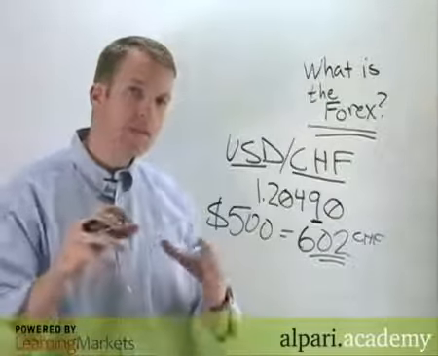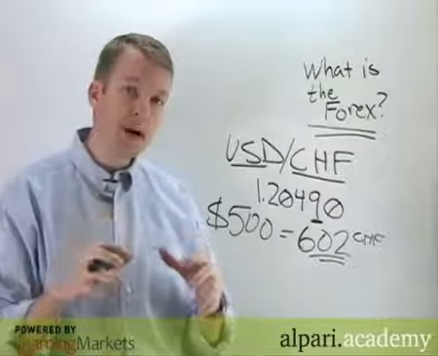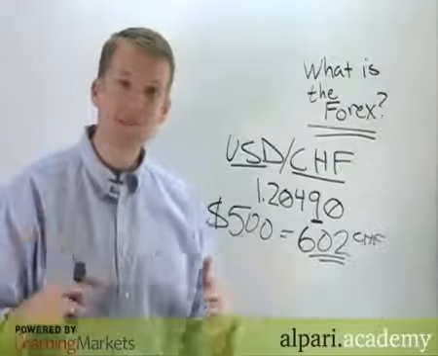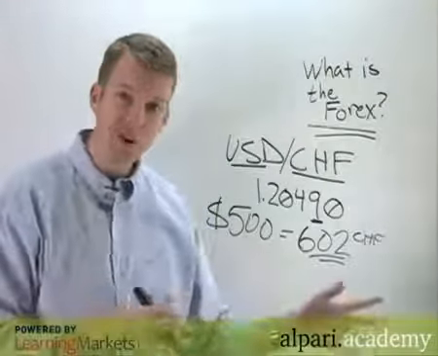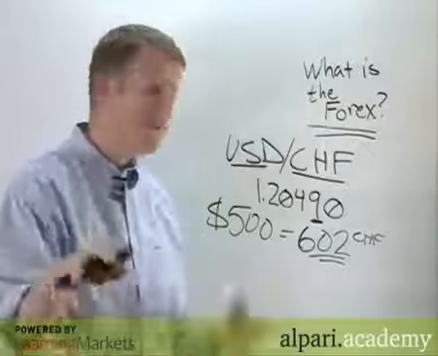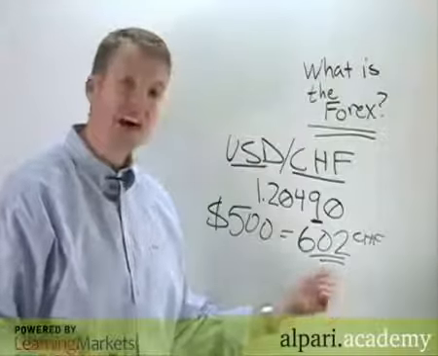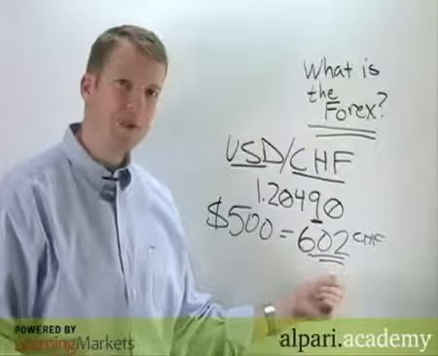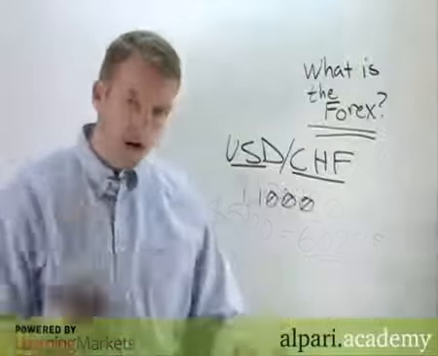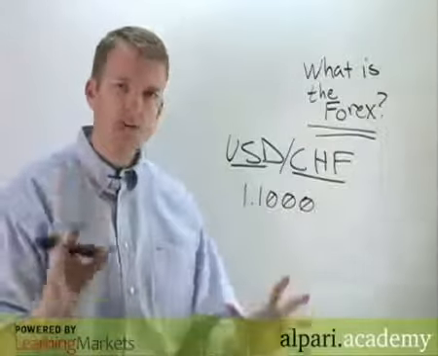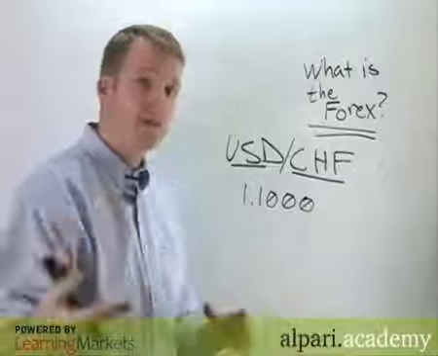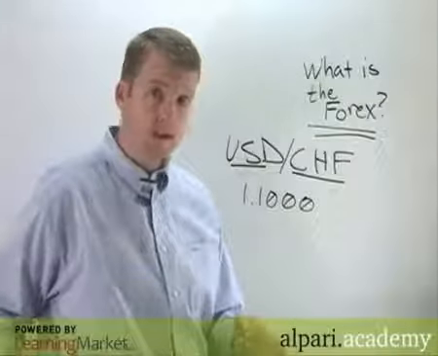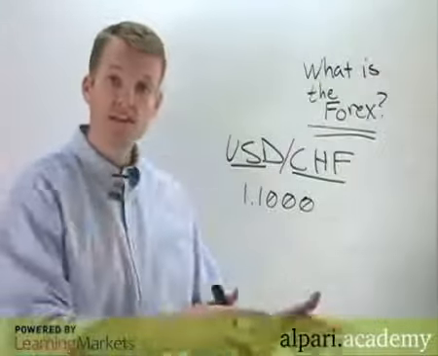Now let's take a little bit of a step back and talk about what happens at the end of the summer when we've decided to leave our vacation and start to go home and we haven't spent any of our spending cash. So we still have these 602 francs in our wallet, and we're looking to exchange them back into dollars.